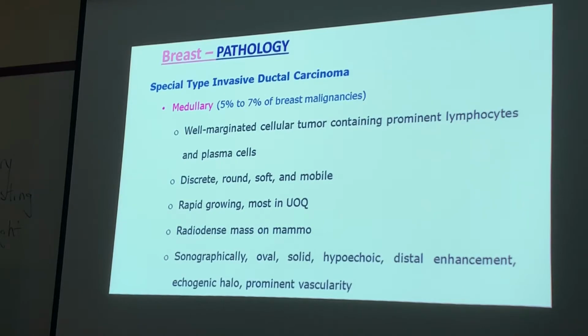Okay. So our first one will be medullary. It occurs in 5 to 7% of breast malignancies. It's a well-marginated cellular tumor containing prominent lymphocytes and plasma cells. It's discrete, round, soft, and mobile. Rapid growing, most in the upper outer quadrant, as with most breast cancers.